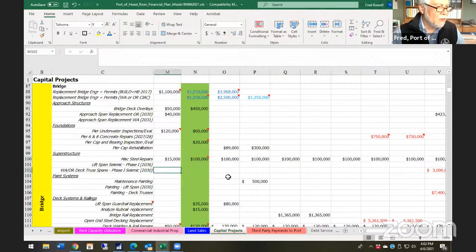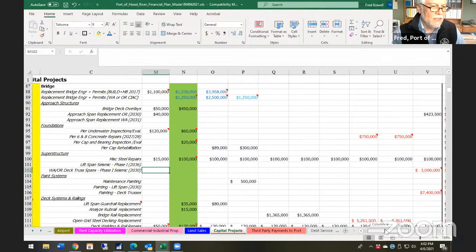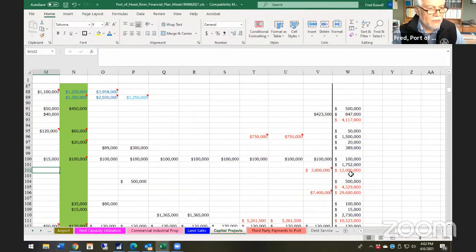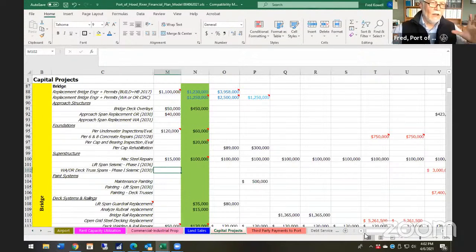And then when we get into, let me move this. We're getting into the superstructure for the truss spans. You'll see that tick up here in this later year. So in 2030, 2031, if the bridge replacement doesn't come to fruition, we will have a large amount of debt, and we'll have to look at rates as we approach that time period.